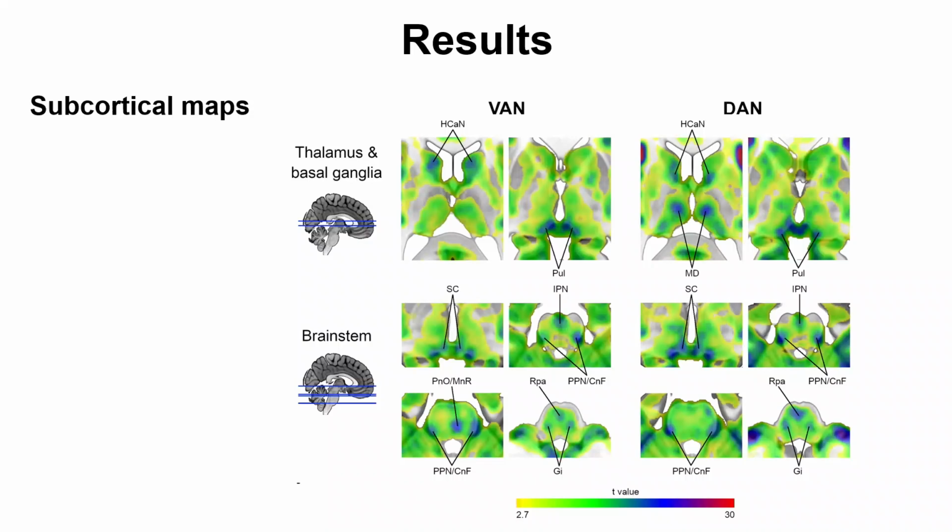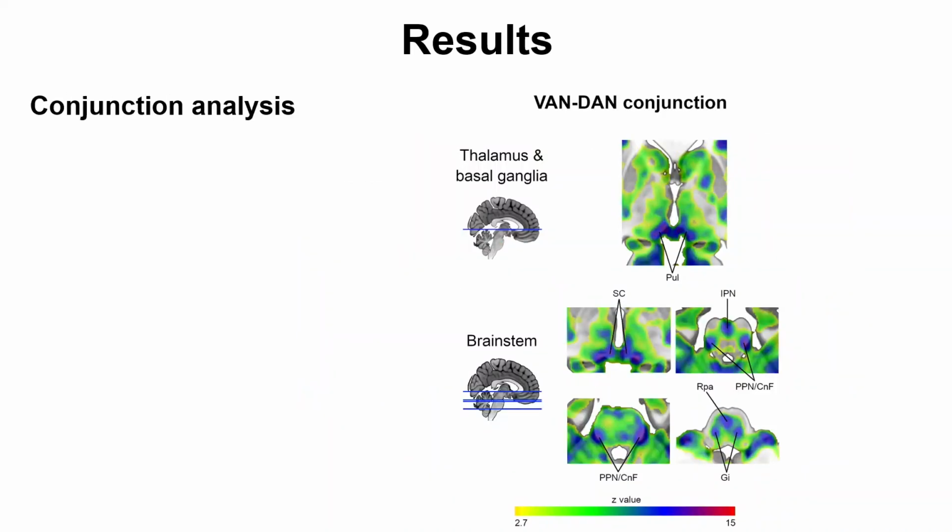In addition, we can see a group of other brainstem nuclei, such as the pedunculopontine nuclei and also the raphe pallidus nuclei. Actually, the conjunction analysis showed that most of these nuclei are shared by both networks.